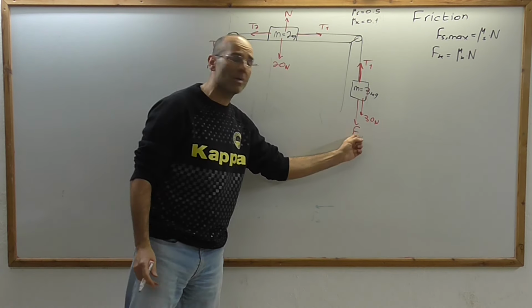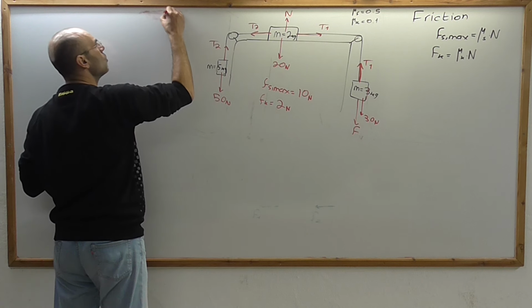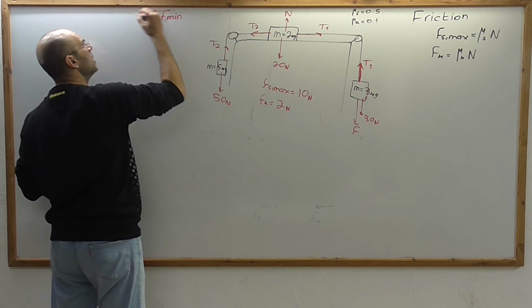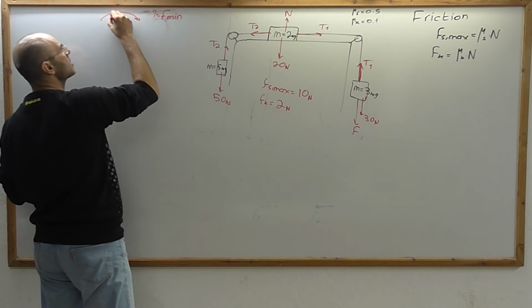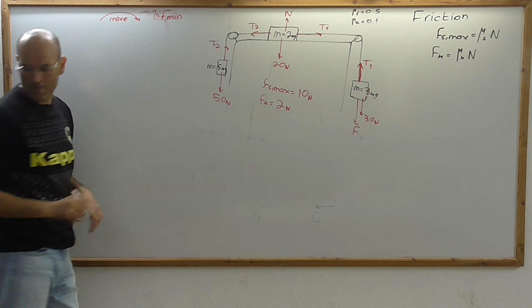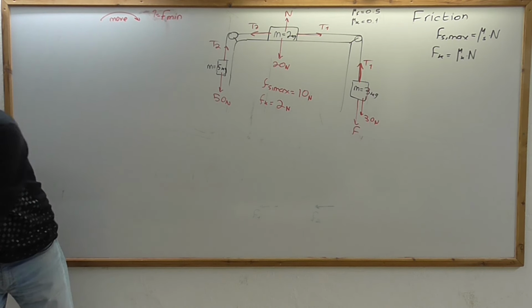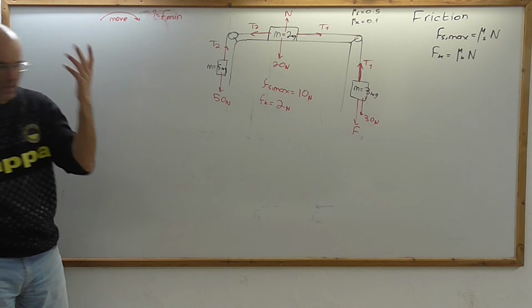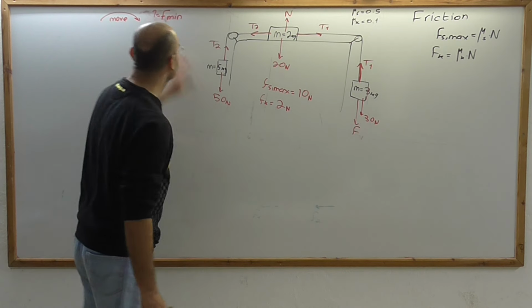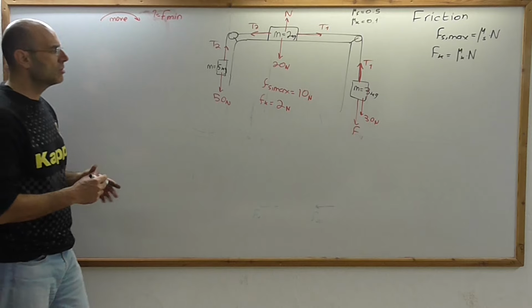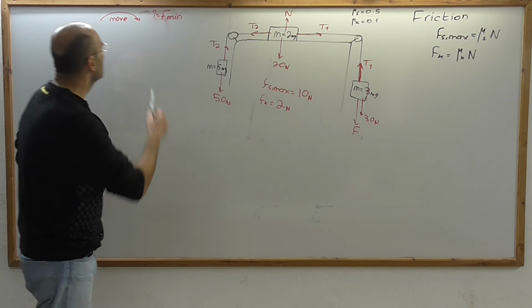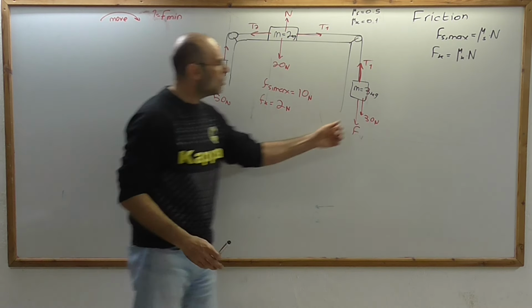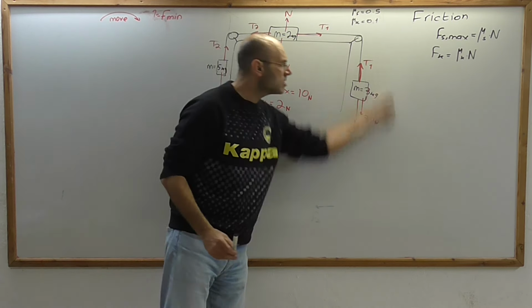Now let's ask the questions. First of all, if I want the system to move that way, I want to know what's the F minimum in order for this system to accelerate that way. It's very similar to the exercises that we did earlier, but it's a good rehearsal. In order for this system to move that way, we look only at the external forces, the active.